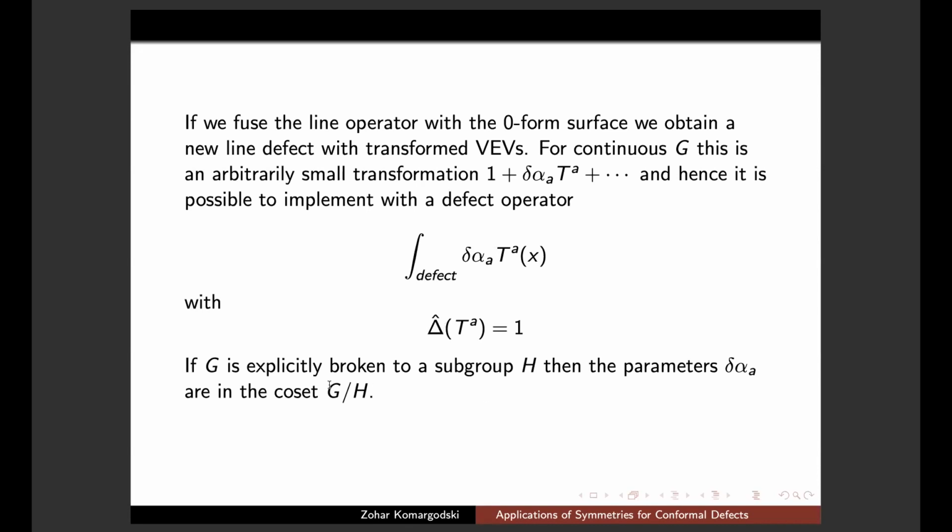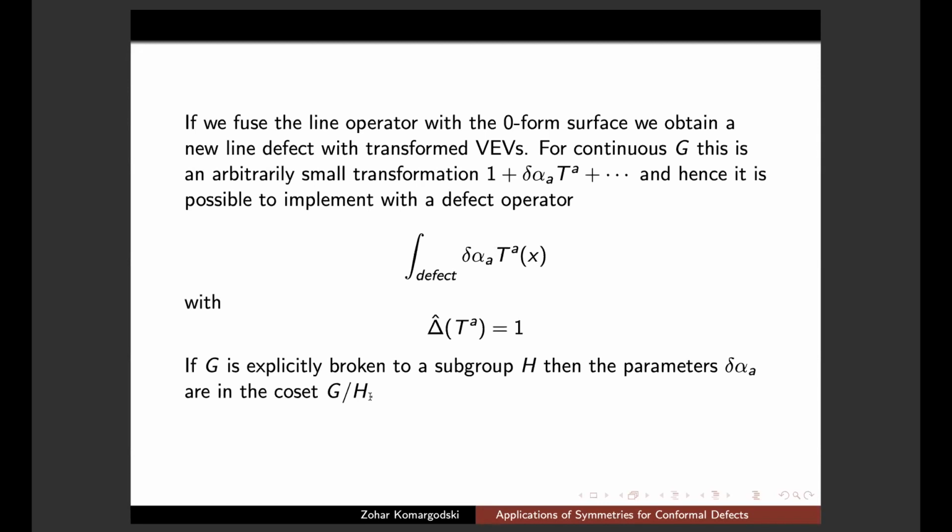So if in general the symmetry G is broken to a subgroup H, then these parameters are living in the coset G mod H. So we see that an explicitly broken symmetry by a line defect leads to protected operators that live in the coset. And this follows from the fusion of the continuous zero-form surfaces with the line operator. Are there any questions about the existence of these protected operators?